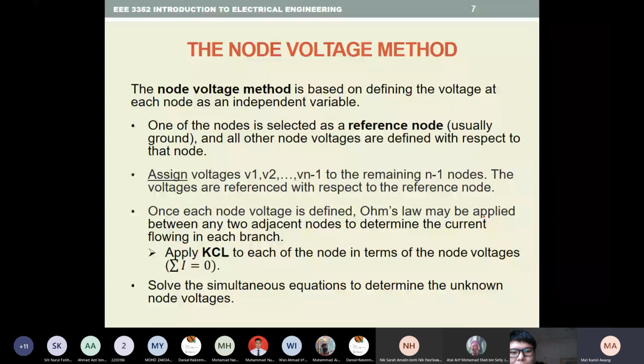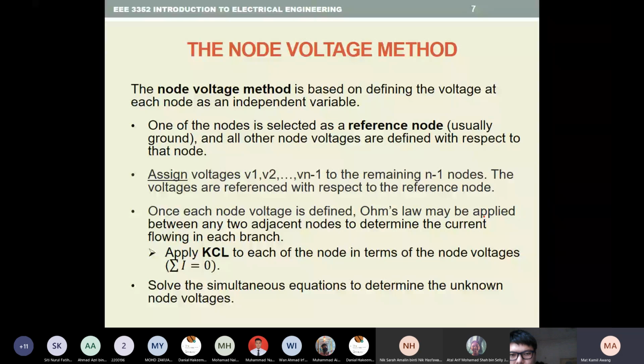So for those 3 nodes, you assign the voltages V1, V2, V3, or VA, VB, VC. Right? It depends whether you define them as A, B, C, D, or as 1, 2, 3, 4. So assign the voltages V1, V2, up to Vn minus 1 to the remaining n minus 1 nodes. The voltages are referenced to the reference node. Okay?